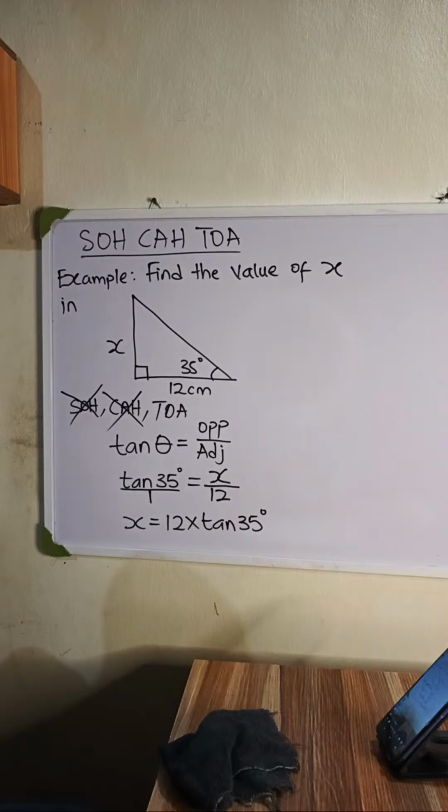What will tan 35 degrees give you? Who knows the answer to that? Or who has a calculator? Tan 35 degrees. Yeah, 8.4 is the final answer. But what's tan 35 degrees?